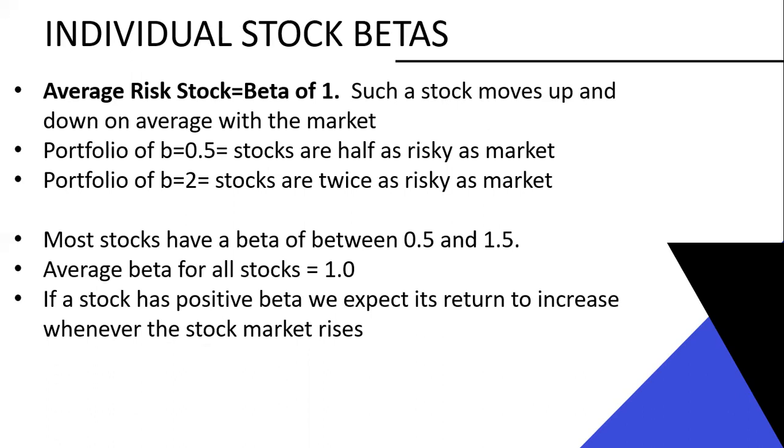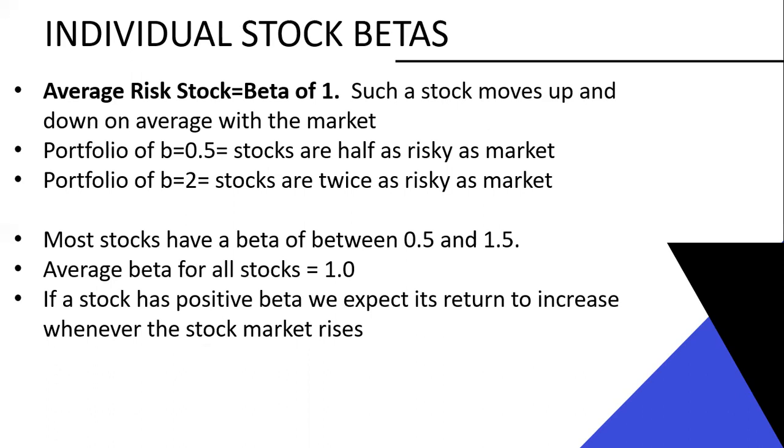Now let's say, for example, I just discussed a situation where the beta is 1. But what happens if there's a portfolio that has a beta of 0.5? Well, this means that the stocks in that portfolio are half as risky as the market. And what happens if a portfolio has a beta of 2?